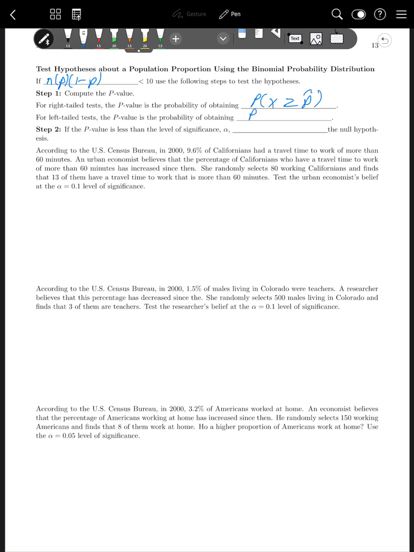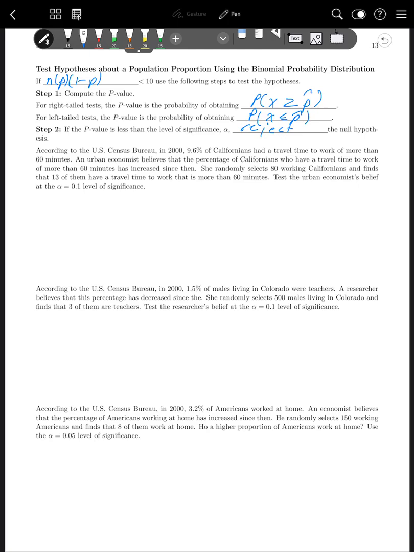And for this one, it'll be the probability that x is less than or equal to p hat. Okay. So if the p-value is less than the level of significance, then we reject the null hypothesis. So let's go ahead and take a look at this.